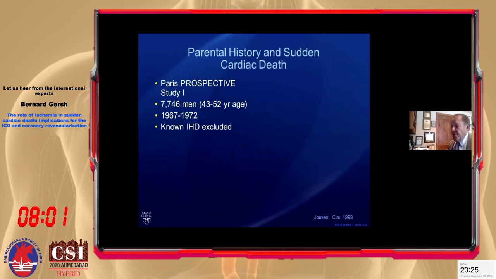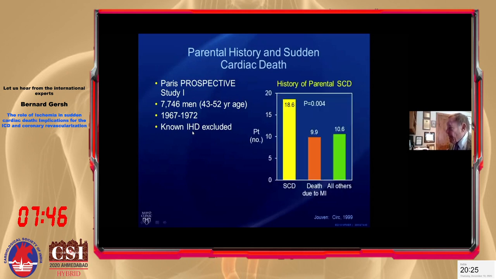This is what I was referring to earlier, a very interesting study from France. About 8,000 men, I think aged 43 to 52, who did not have ischemic heart disease upon entry into the study. Now, if they had a history of sudden cardiac death in one parent, their likelihood of experiencing a sudden cardiac death over the period of follow-up was 18.6%.